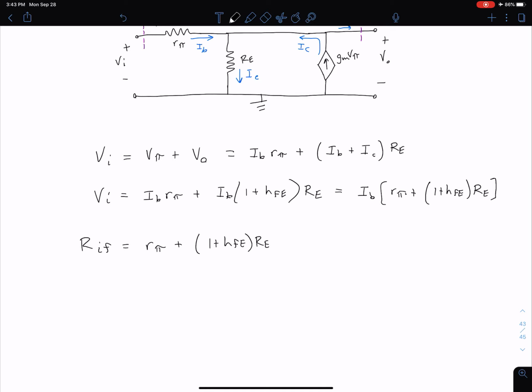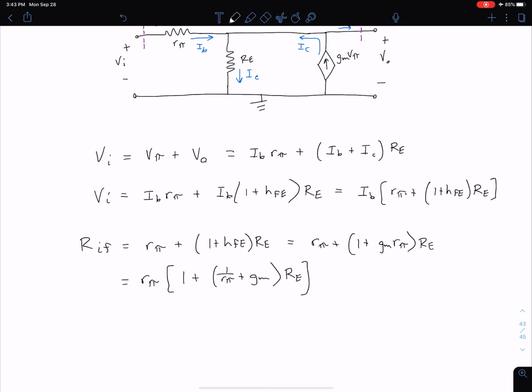And so we can sort of rearrange this a little bit. So this is R pi plus 1 plus GM R pi, just by definition of our current gain, times RE. And so let's actually, once we have this, we can then factor out an R pi. So I have R pi times 1 plus the quantity of 1 divided by R pi plus GM times RE.